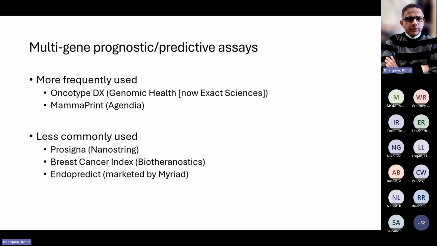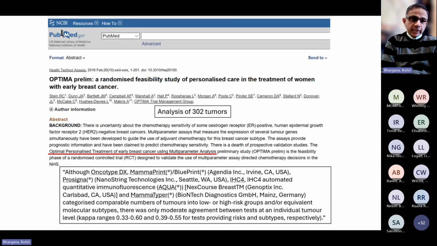But there have been very few studies that have done head-to-head comparison of these tests. In one particular clinical trial study, it was found that many of these multi-gene prognostic predictive marker assays categorized a comparable number of tumors into low or high risk groups and or equivalent molecular subtypes, but there was only moderate agreement between tests at an individual tumor level.